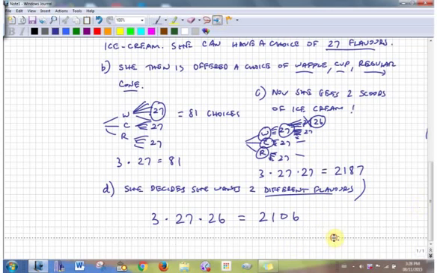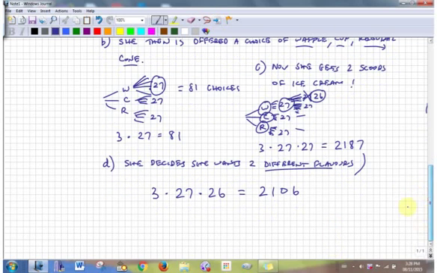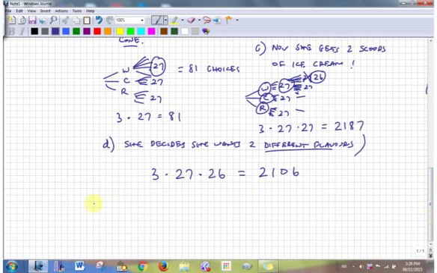But enough with big, long, hairy trees. Let's get our fundamental counting principle formula.